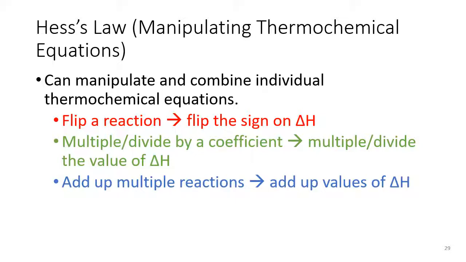We could flip a reaction around and write the reactants as products and the products as reactants. If we do that, we have to flip the sign on the enthalpy change. Positive would become negative and negative would become positive. We could multiply or divide through by a coefficient, and we would also have to multiply and divide through by the enthalpy change. And we can add up all the reactions, and then we add up the values of delta H.